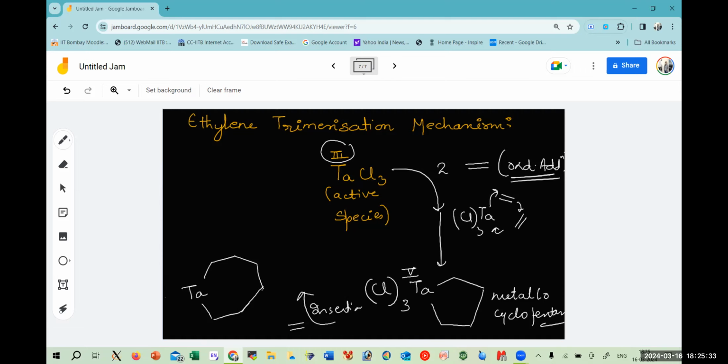Okay, now this is a 7-membered ring, oxidation state being +5. Now again, if you see over here, there is an alpha, there is a beta, and it has a hydrogen. Again, this will attack over here and this will go here. What we will end up forming is tantalum hydride, and the other species would be in pi interaction.